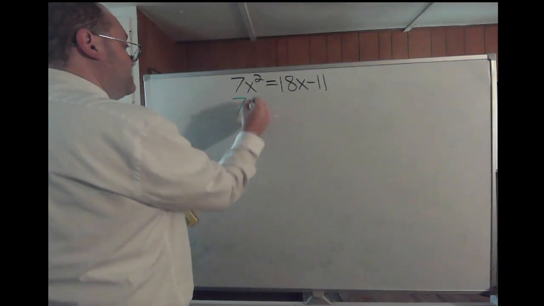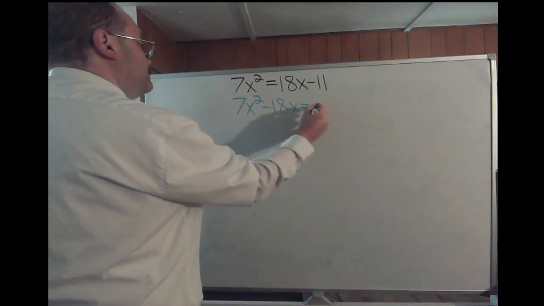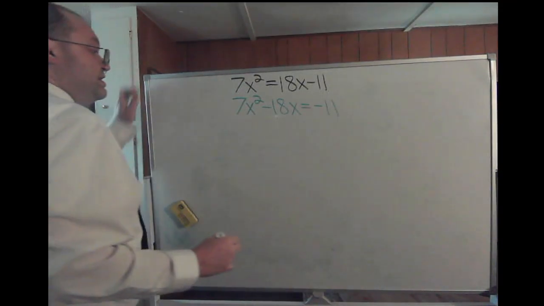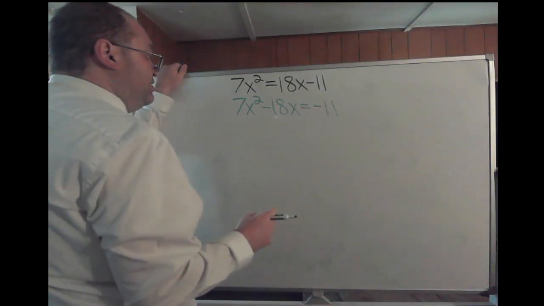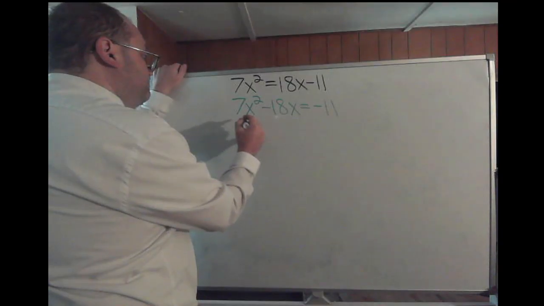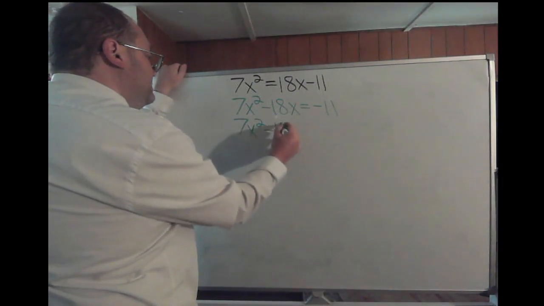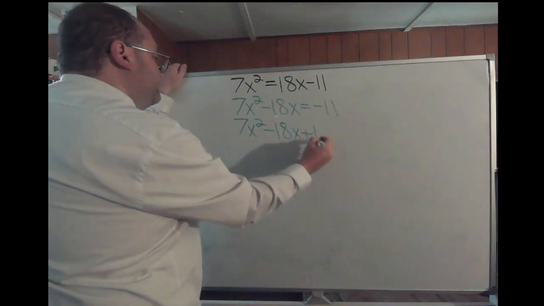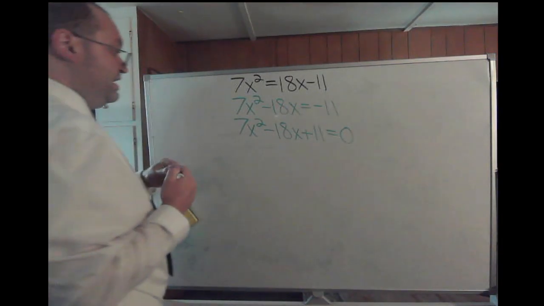You would get 7x squared minus 18x is equal to negative 11. Now we need to get that negative 11 out of the right-hand side, make that equal to 0. So what you have to do now is you would get 7x squared minus 18x plus 11 would be equal to 0.